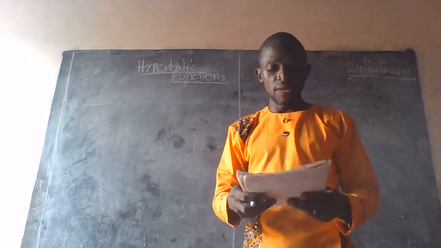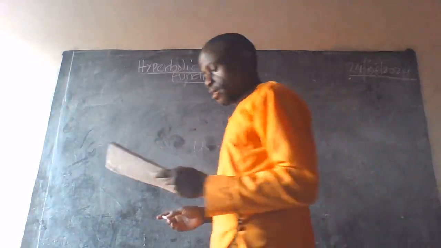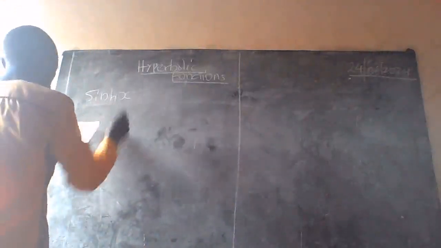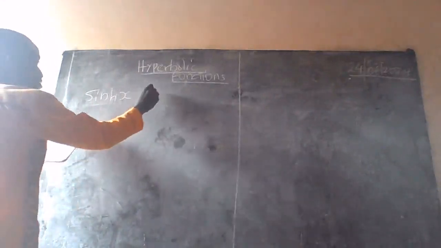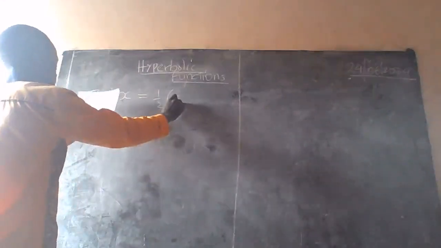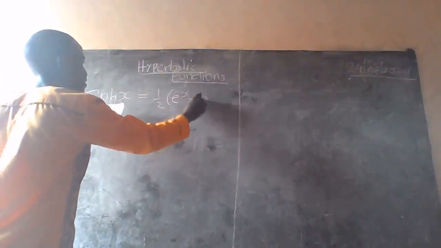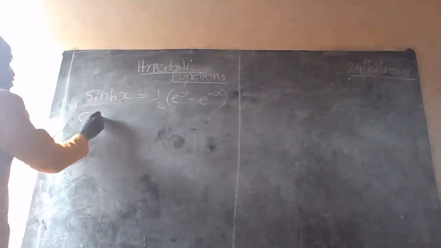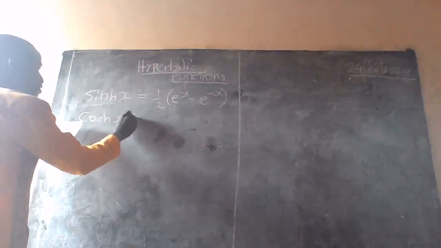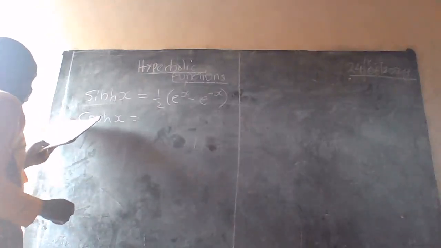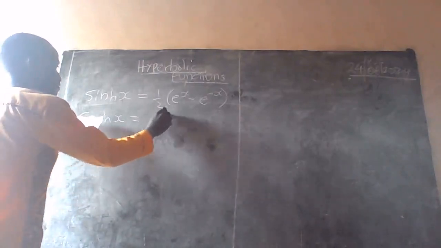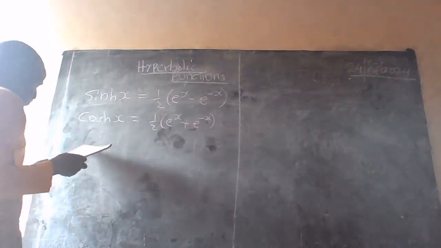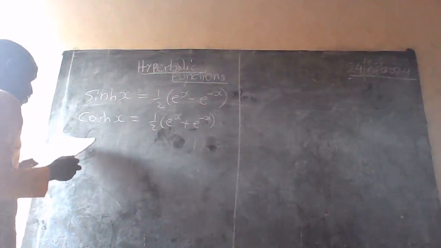On page 3, we have a reminder that sinh x is equal to a half (e^x minus e^-x). Cosh x, that is hyperbolic cosine, is given by a half (e^x plus e^-x). So those are the reminders.